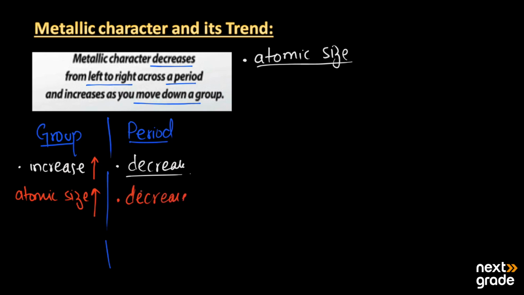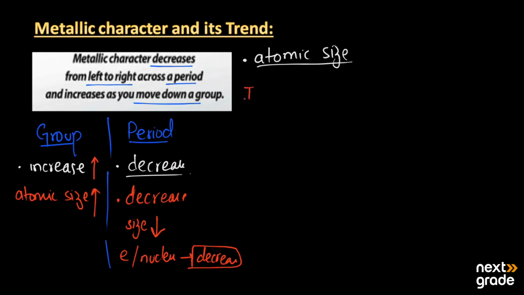What is the reason for this? Because the atomic size decreases, and the distance between the electrons and the nucleus also decreases. So we have to provide more energy to remove the electron.